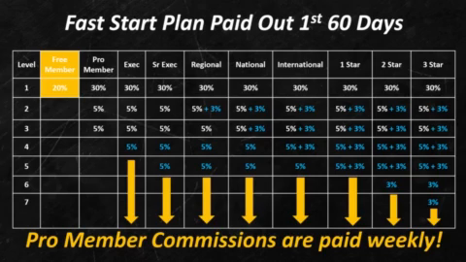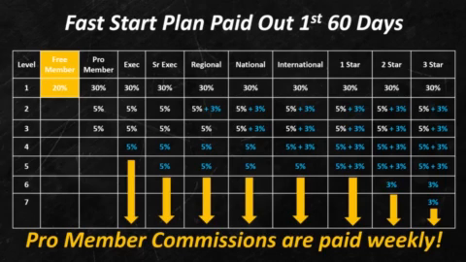So 30% of 40 is $12. All right, so you're going to get $12 every month, for the first 2 months basically, that you sign up a pro member, and then 5% on level 2 and 5% on level 3.